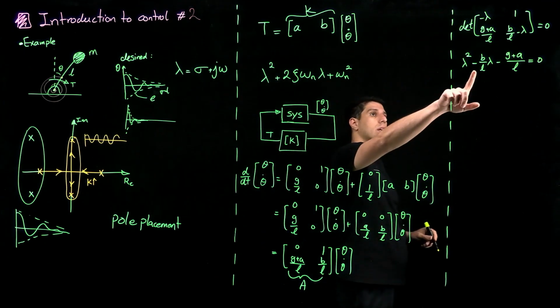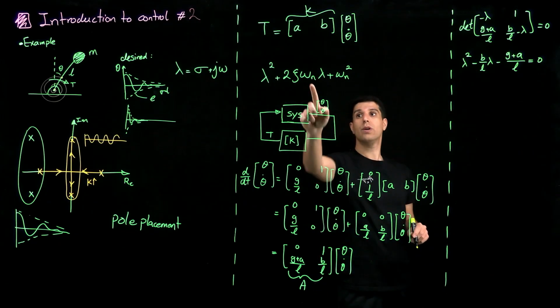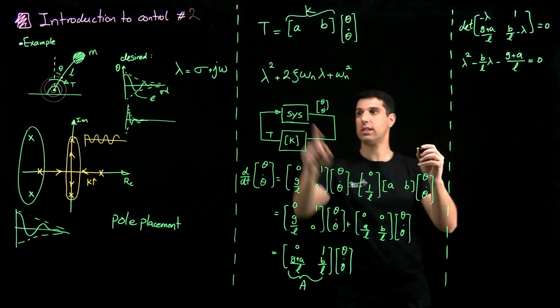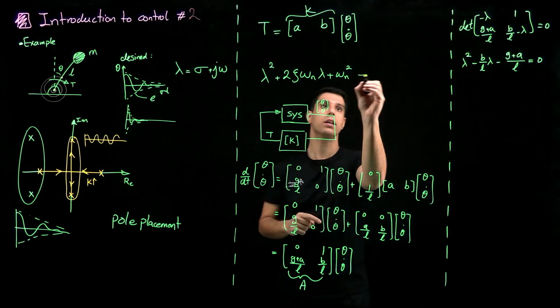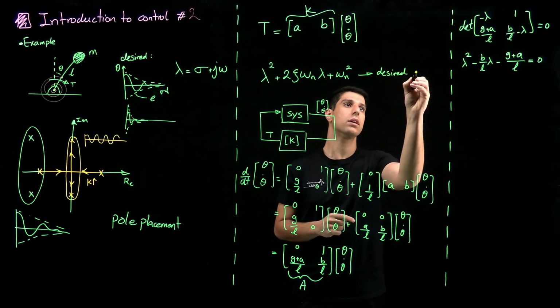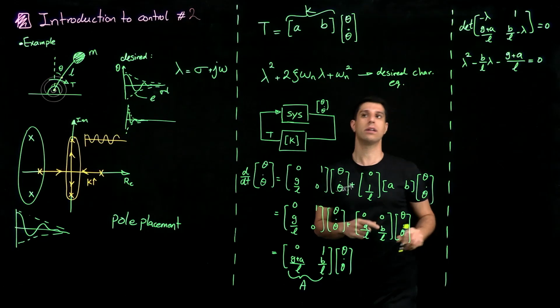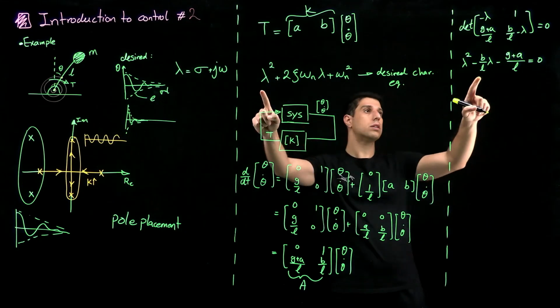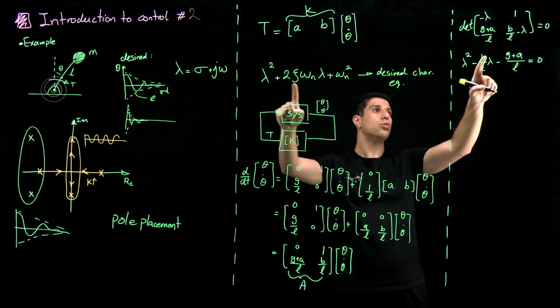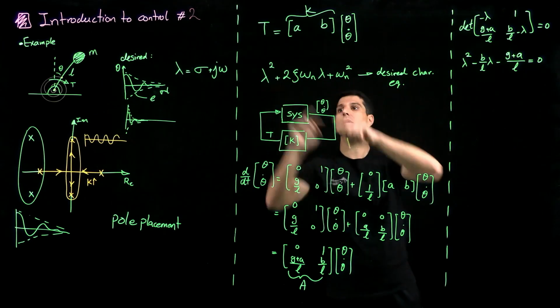So this is the characteristic equation of my closed loop system, which I want to match the desired characteristic equation. What I need to do is choose my A and B values such that this equation is the same as that equation.